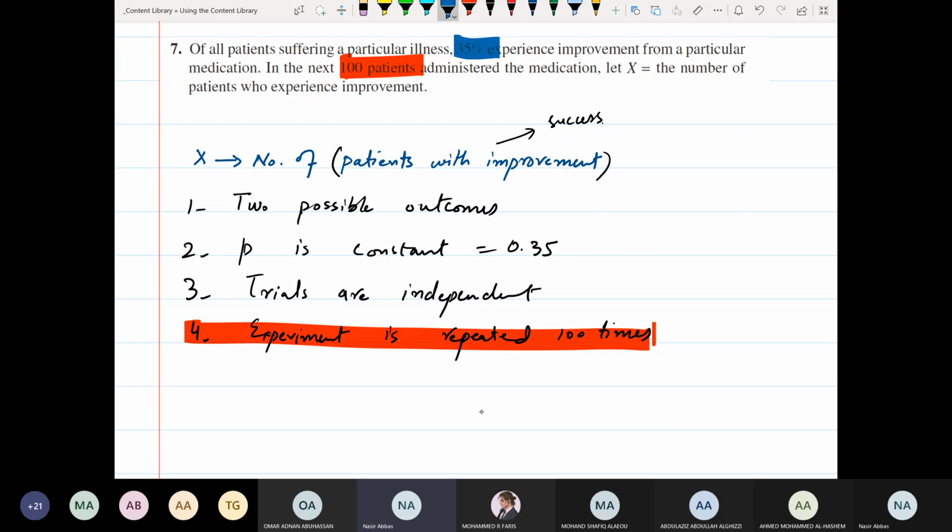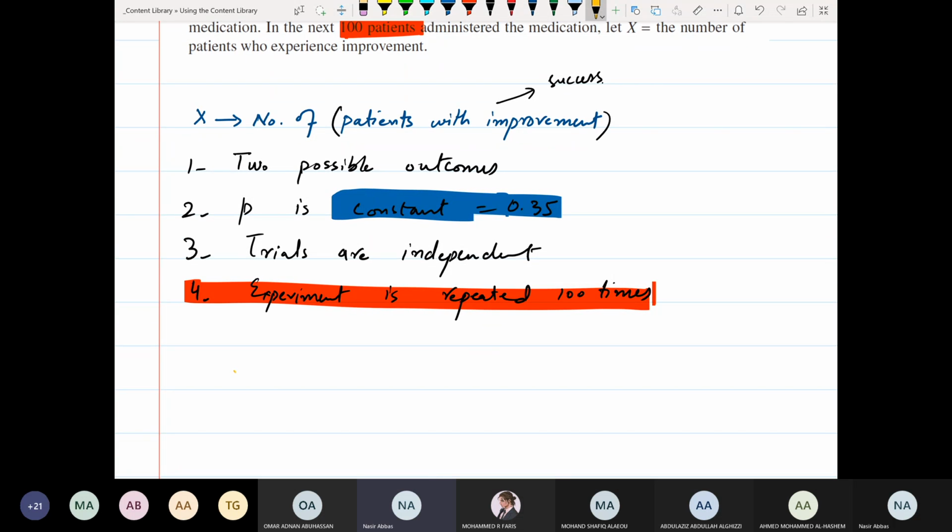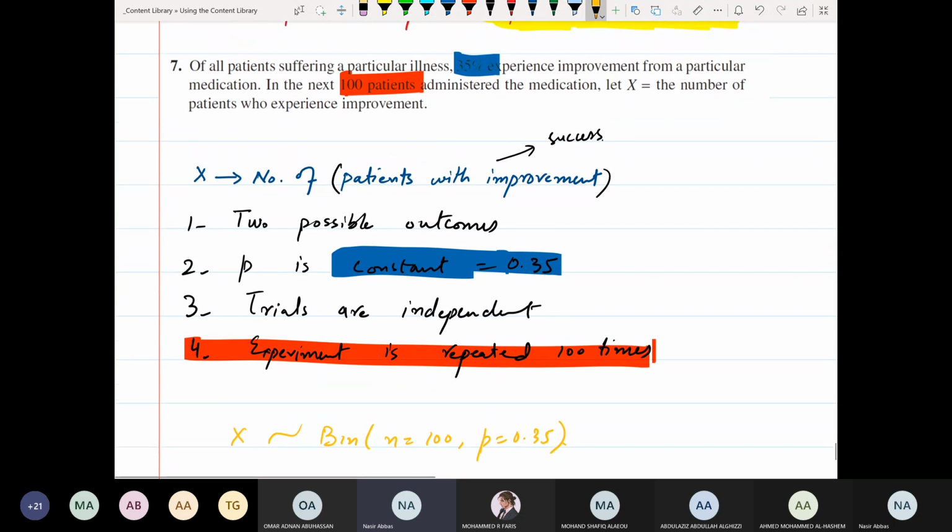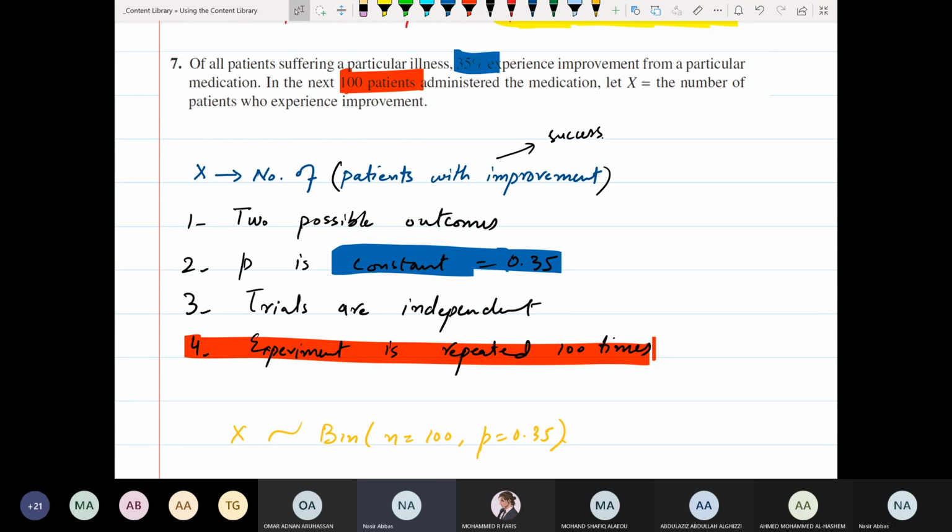There is 35%. So all in all, for this whole information, we said X follows a binomial distribution with n equals 100 and p equals 0.35. And we can find any corresponding probability from this one. But what if I switch X and N?